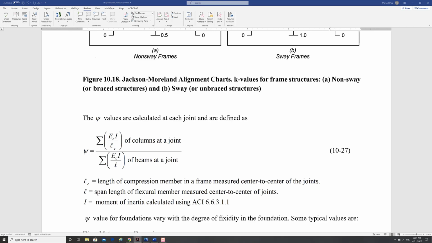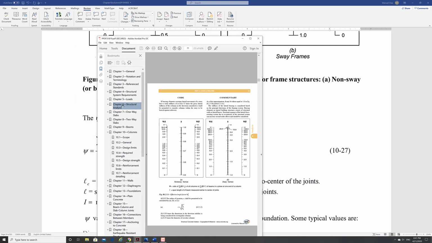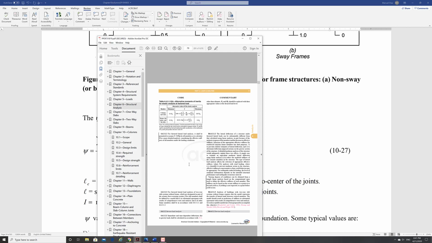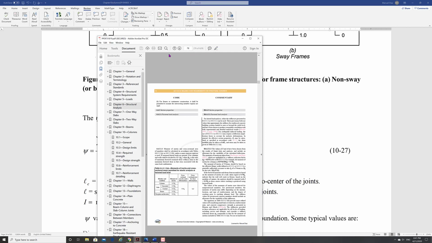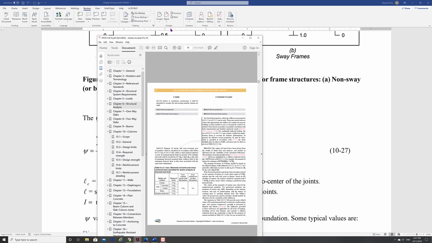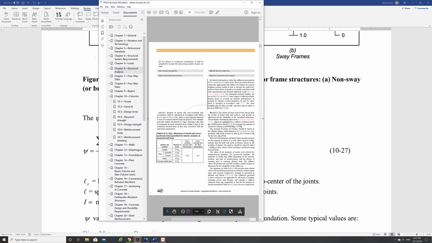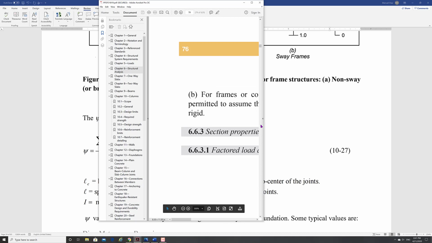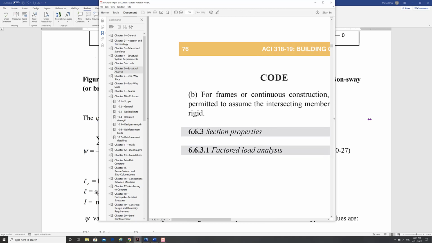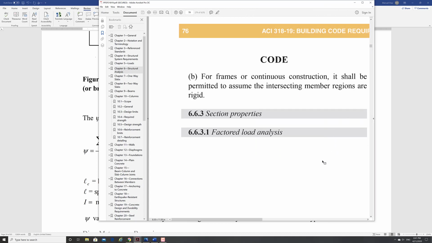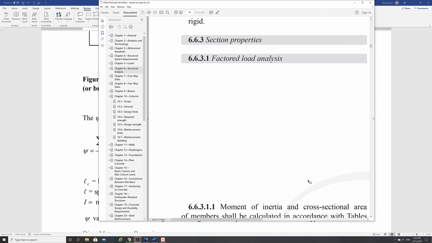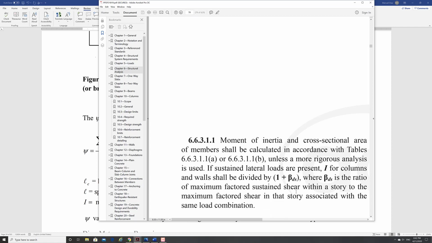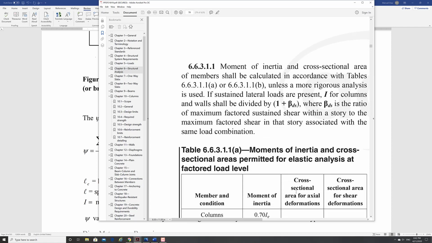Section 6.6.3.1.1 will give you recommended moments of inertia for columns.